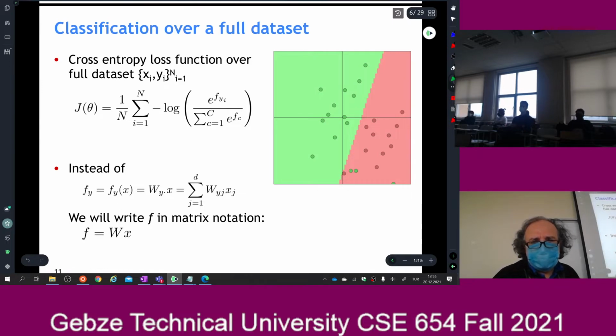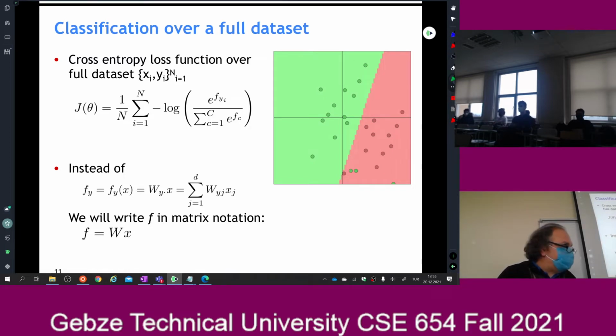It is here. Each f_y is composed of this w_y times x. w_y is just a single column of those matrices. Any questions so far?